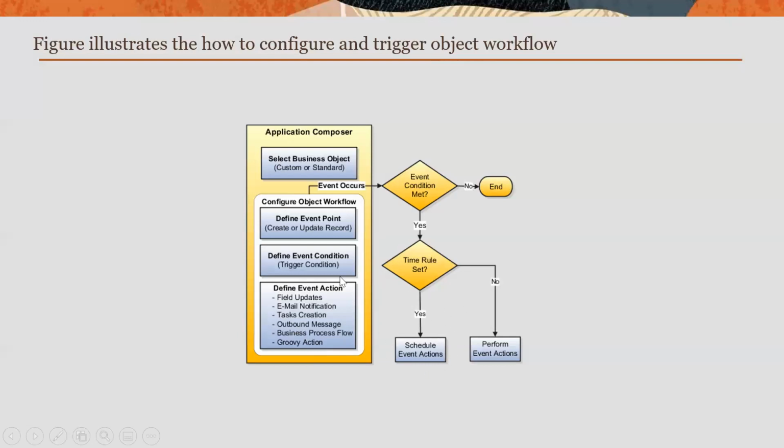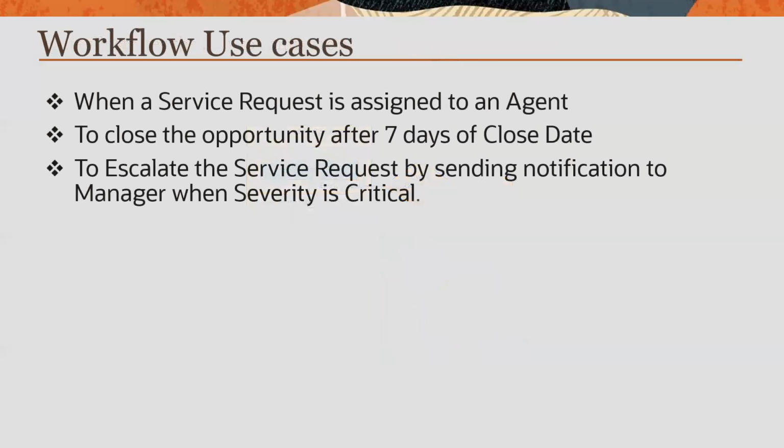And yeah, same way, all of the actions will have schedule. Some use cases of workflow, like we can see here, to close opportunity after 7 days of close date. Suppose when we create an opportunity, we can see some close date or due date there.